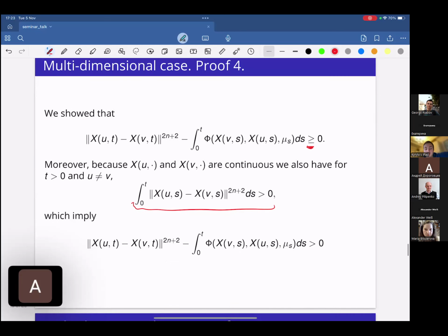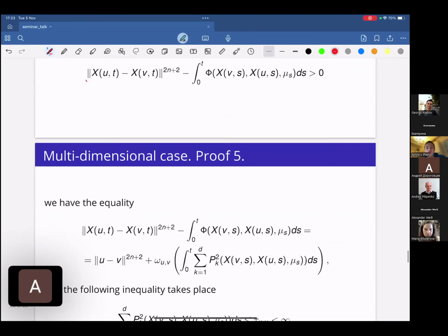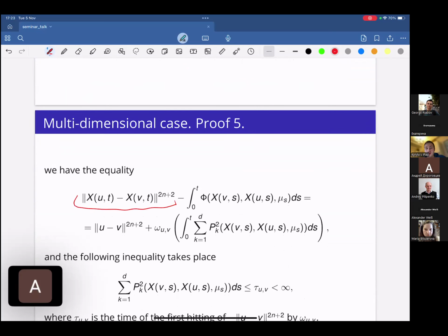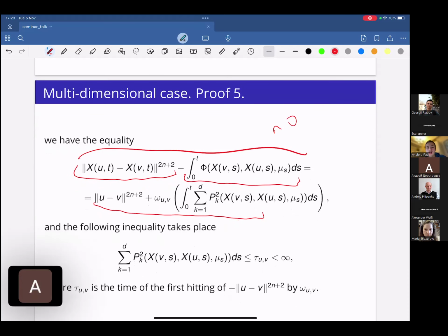And in this case, this difference is also greater than zero. So we have our initial difference. We used the Ito formula to represent such a function with the drift and diffusion term, and we substitute the drift term. And on the right-hand side, we get a representation with a time-changed Brownian motion. And we know that the whole thing is greater than zero, and this is Brownian motion.